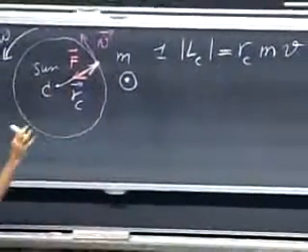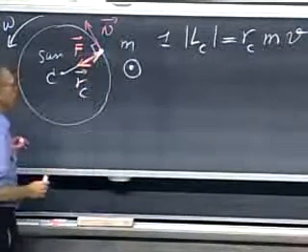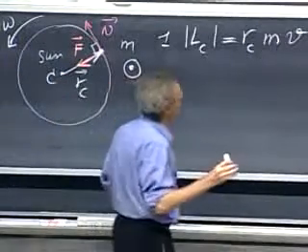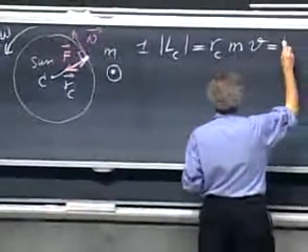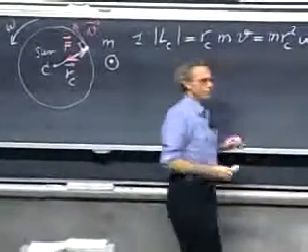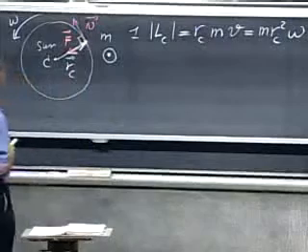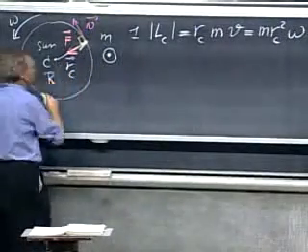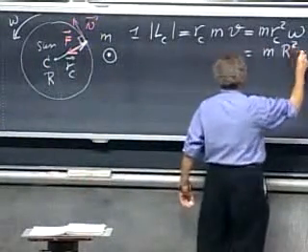And the reason why I don't worry about the cross product now is because this angle is 90 degrees, so the sine of theta equals 1. Now, we may not like to leave v in there. It's up to you. You can always write v equals omega r, so you can also write then m r_C squared times omega. Either one is fine. And this r, if this is the radius of the circle, then this obviously becomes m r squared omega.